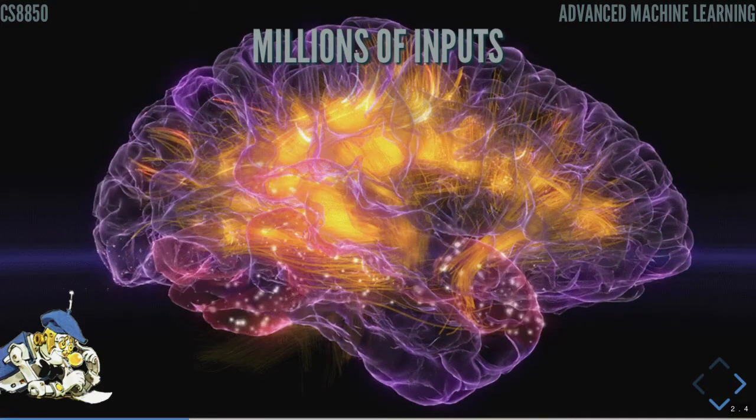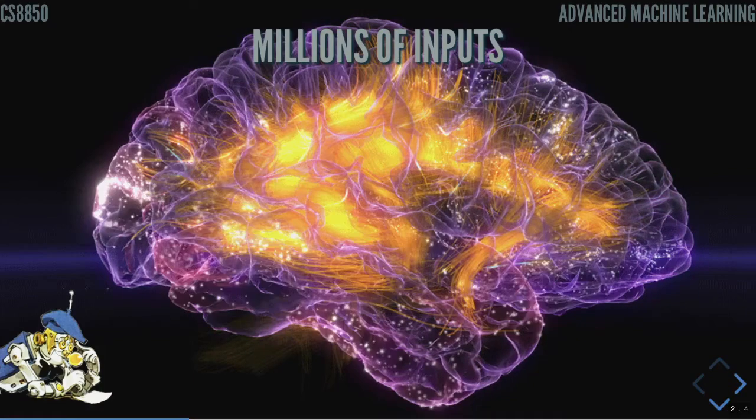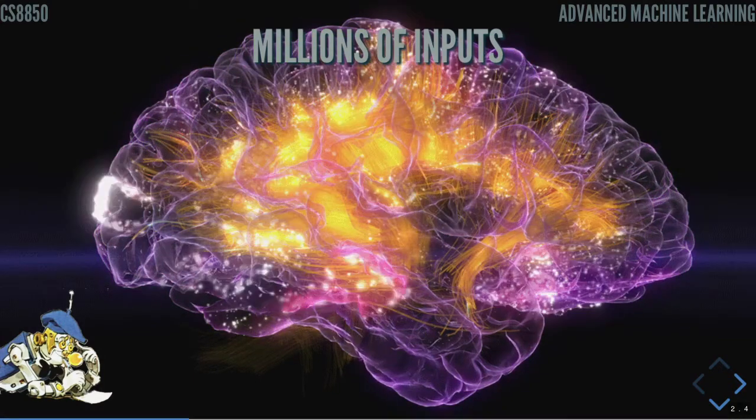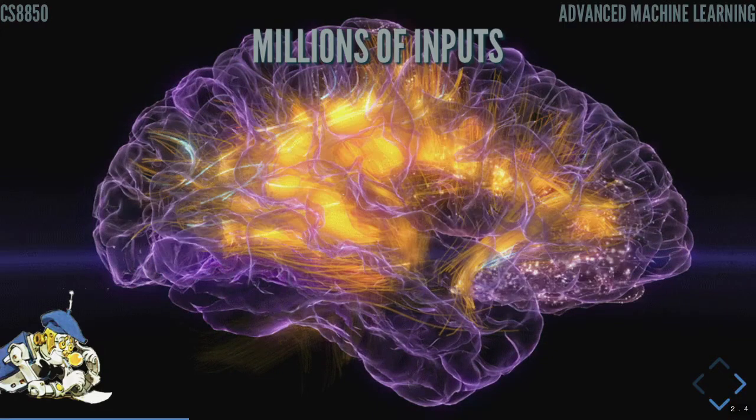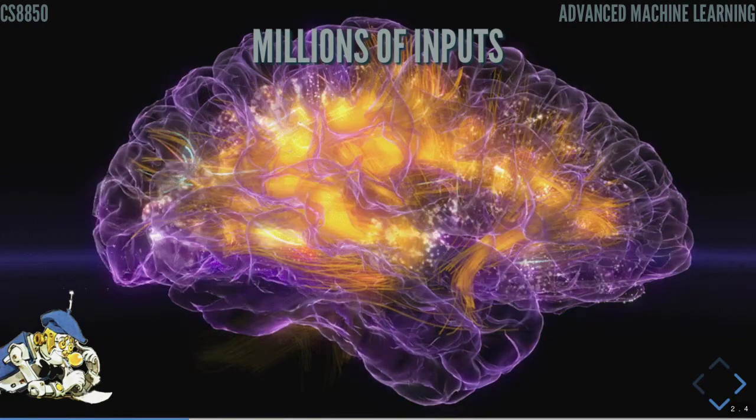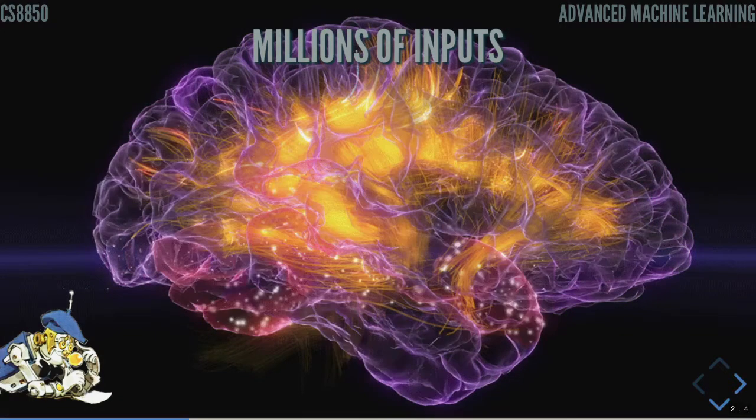It's not that every sensor is delivering unique information. So one way to think about it is like the sensors are correlated, but it's more complicated than that.